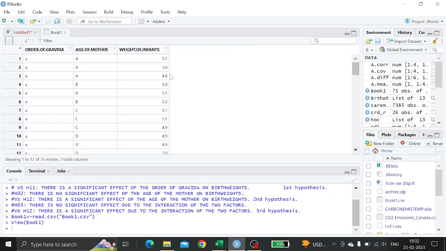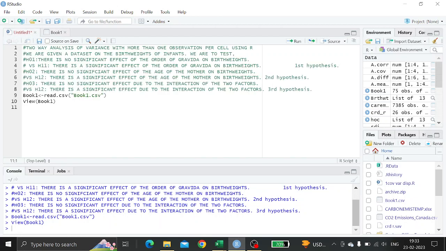You could see that R has read the data as similar to the Excel sheet, and R is taking the weight of infants as a numeric variable, which is okay, but R is taking the age of the mother and the order of gravida as character, but they are not character, they are factors which are influencing our response variable. So we need to convert them, and you guys who have seen my previous videos, I have shown how to convert character into factor.